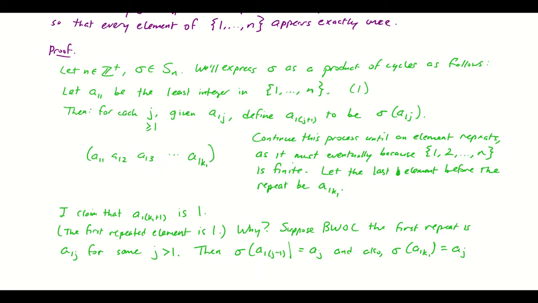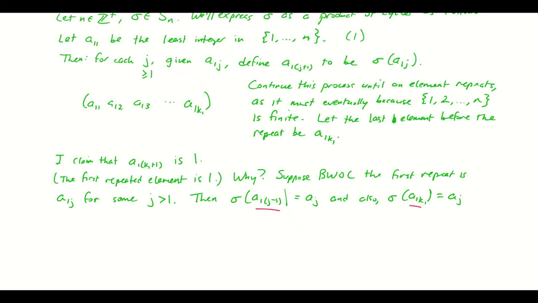So if that repeat is a sub j, then we've got two numbers getting sent to the same number. But a1 j minus 1 is not equal to a1 k1, because we assumed there were no repeats prior to k1 plus 1.